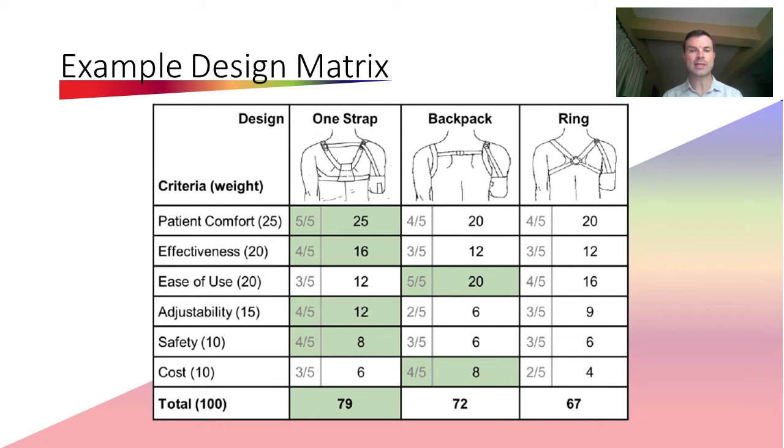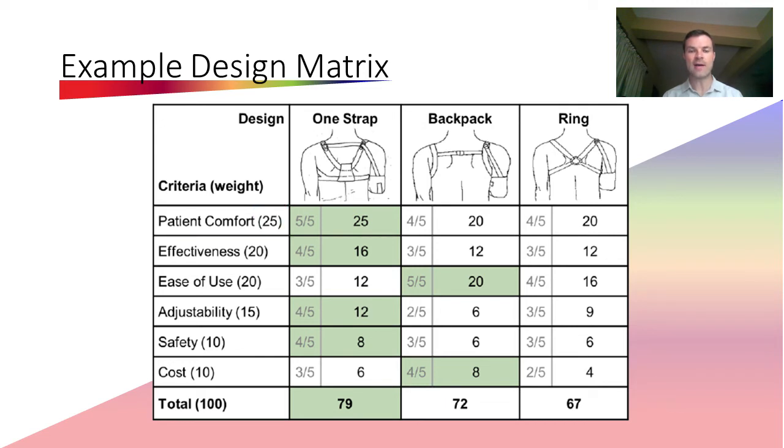And so the first thing they do is identify the 6 most important product design specifications and label them as criteria. So the most important design specification that they identified is patient comfort. And they gave this design criterion a weight of 25 out of 100.